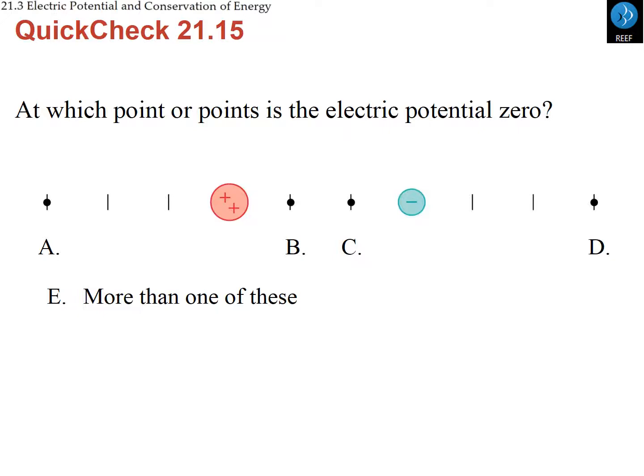At which point or points is the electric potential 0? So we have different points, point A, point B, point C, point D. And the electric potential is being produced by this charge, which is twice as big as this one and positive, whereas this one is negative. So remember the potential is KQ divided by R, and we're adding for these two charges.